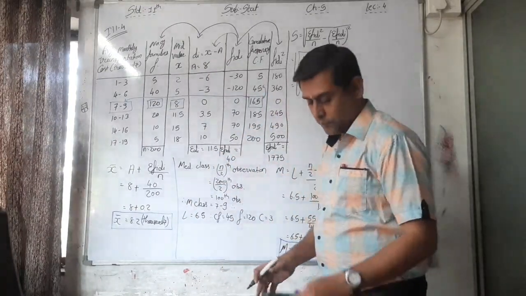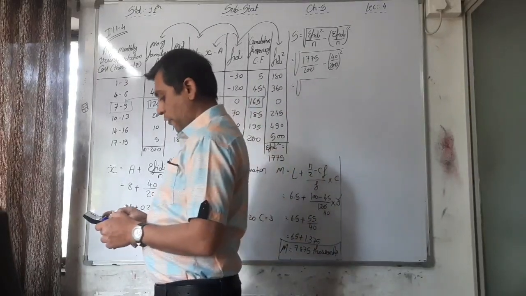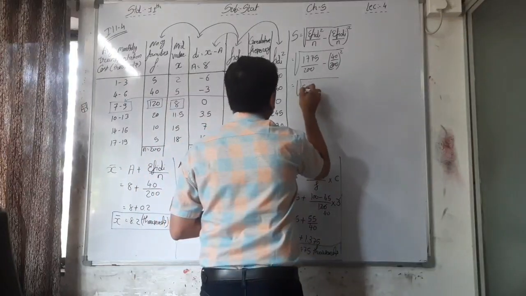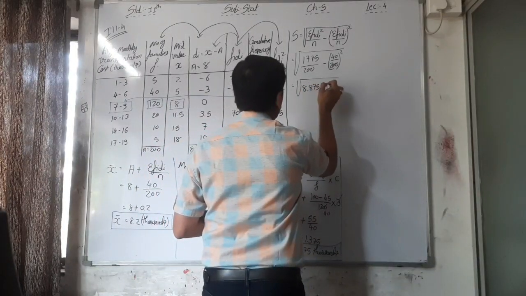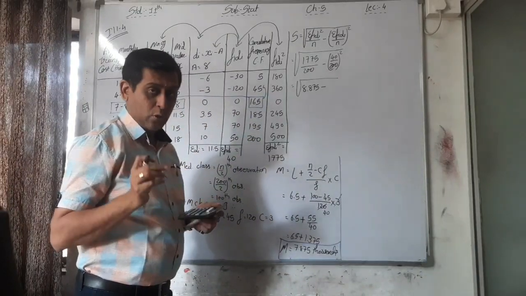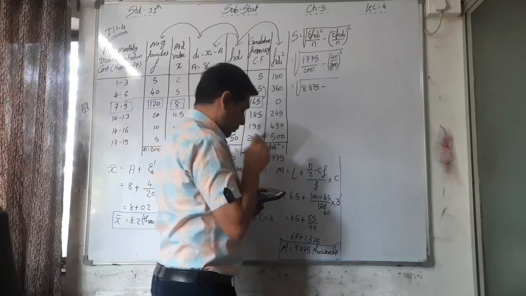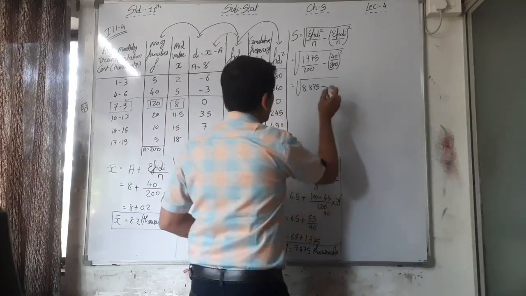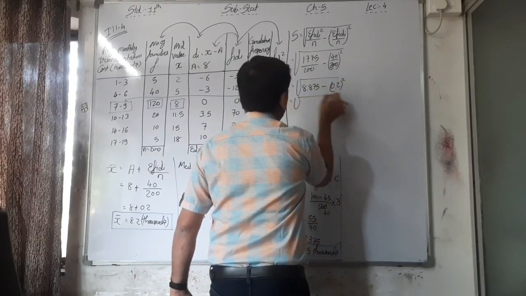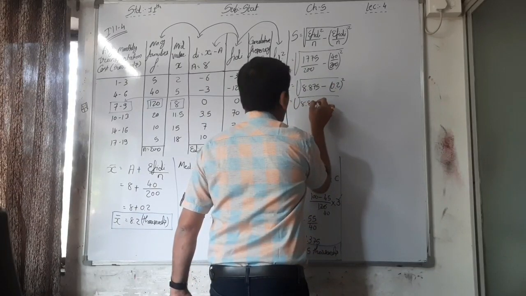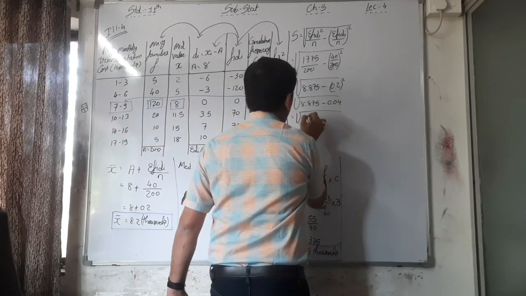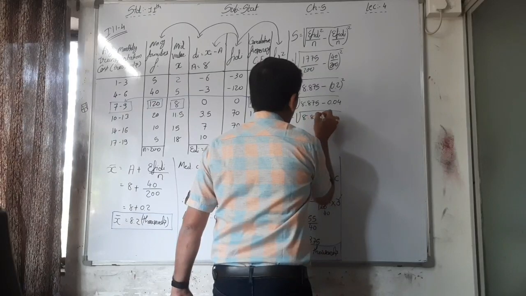First of all, 1775 divided by 200 is 8.875, minus 40 divided by 200, that is 0.2, squared, 0.04. So 8.875 minus 0.04 is 8.835.